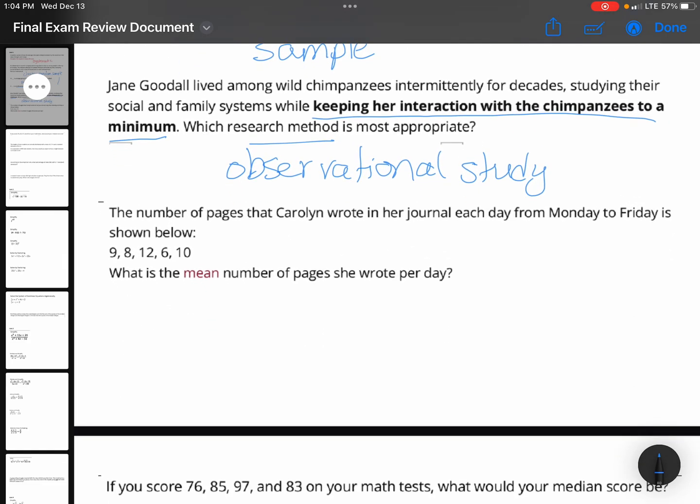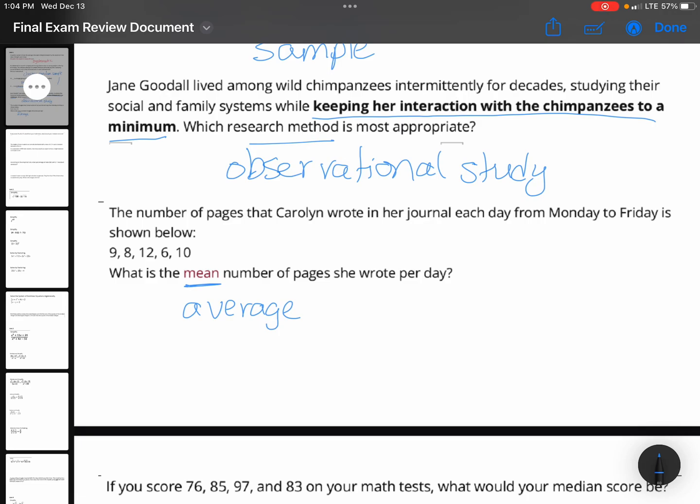All right. The next says the number of pages that Caroline wrote in her journal each day from Monday to Friday is shown below. Okay, we got 9, 8, 12, 6, and 10. What is the mean number of pages that she wrote per day? So mean, that would mean the average. So what you would do is just add these up.